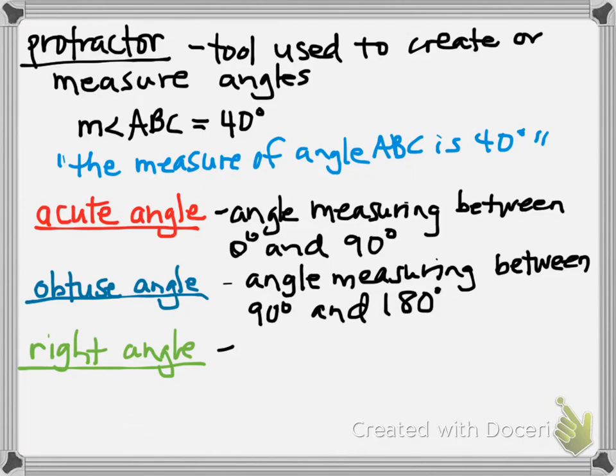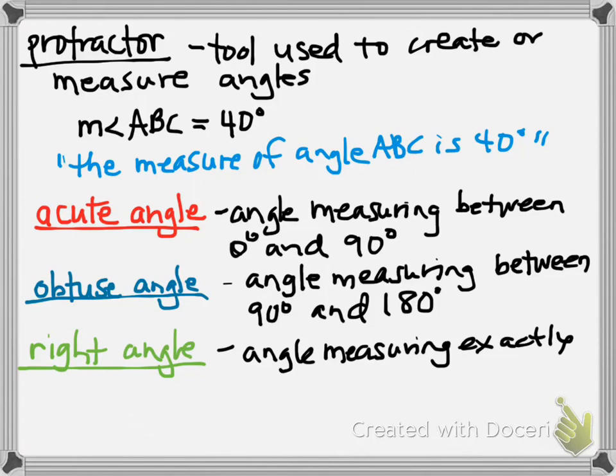And a right angle is an angle measuring exactly, we do have absolutes, 90 degrees. And now back to Georgie's. I'll give her a pretty pink.